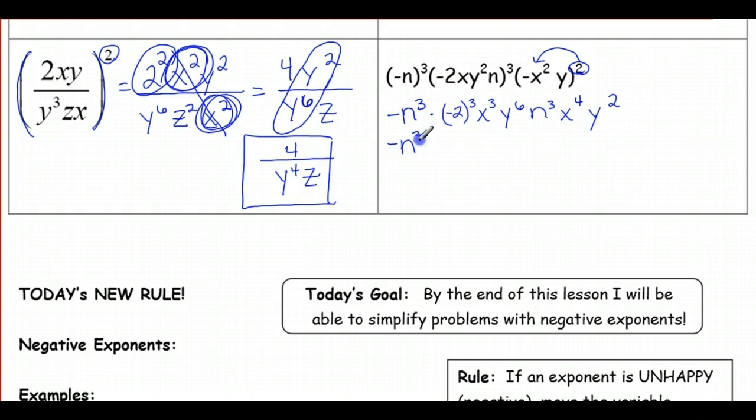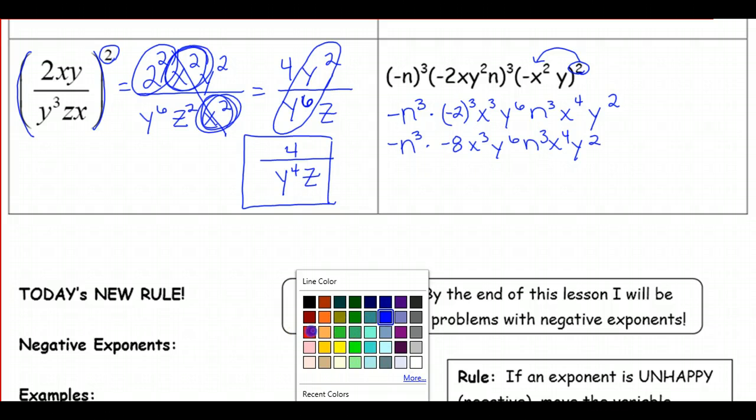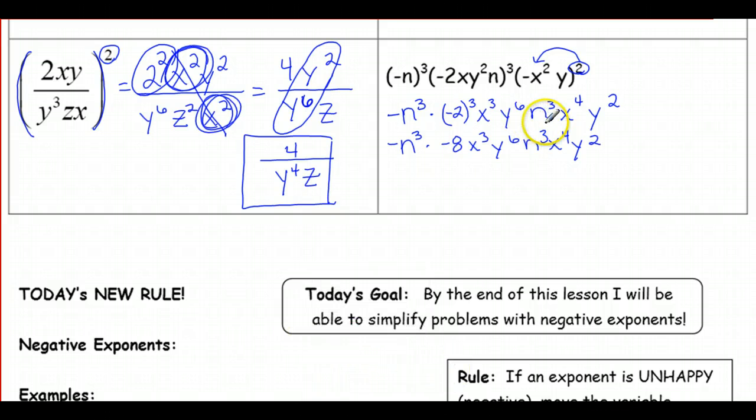So now I have negative n cubed times negative 8, x cubed y to the 6th, n cubed x to the 4th y squared. I'm going to go ahead and combine the powers that I can. So I have an x cubed and an x to the 4th.